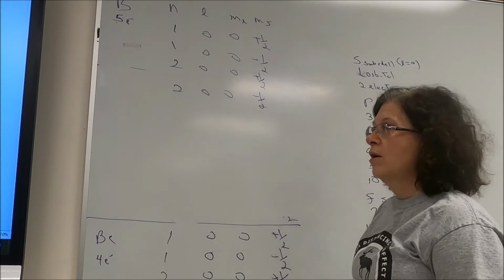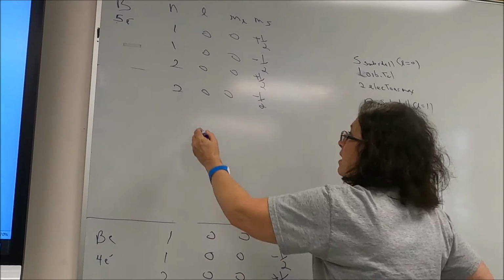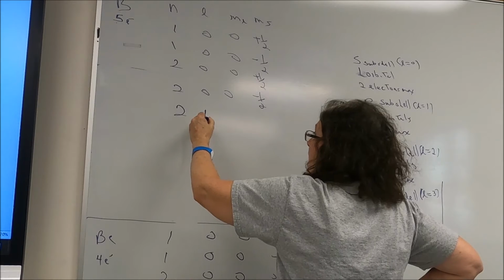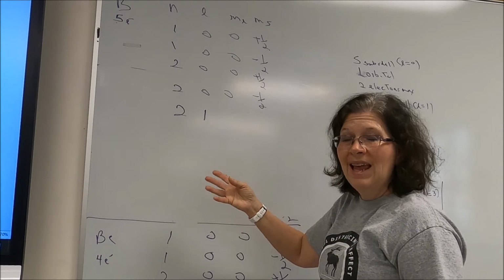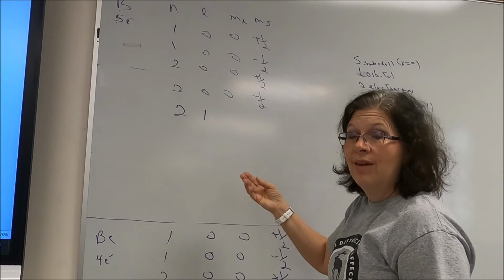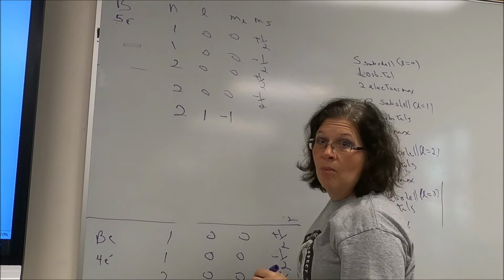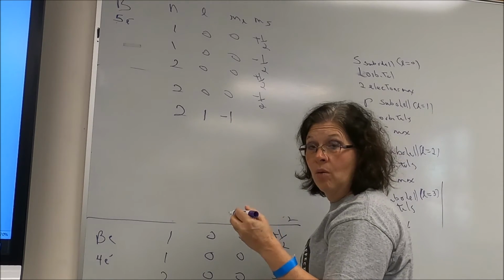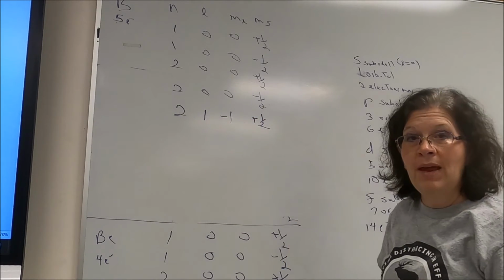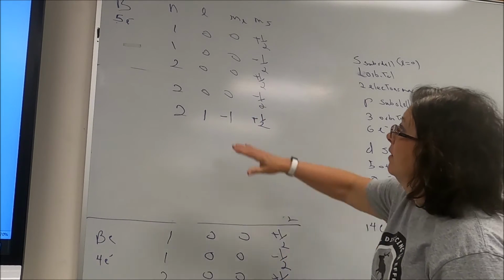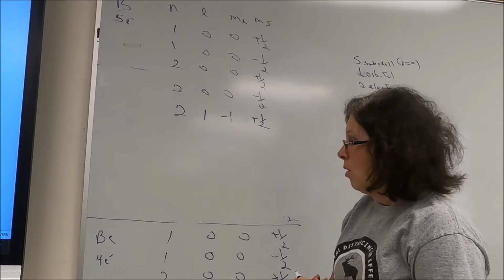There's the first 4. After 2s in energy comes 2p. So I have 2, 1. Now the number here could be minus 1, 0 or plus 1. It doesn't matter which one you choose. They're degenerate. They all have the same energy. Out of habit, I usually go minus 1 first, but a 0 there or a 1 there would still be fine. And plus a half, we usually go with plus spin before minus spin. Okay, so those are the 5 electrons in boron.